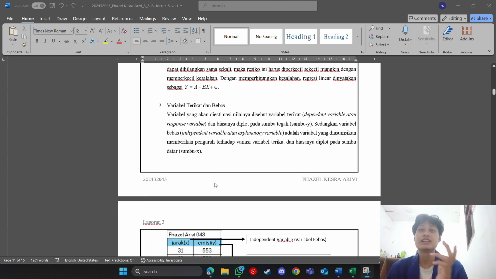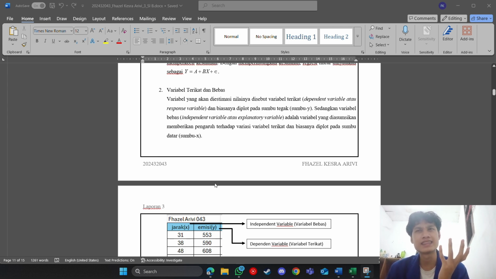And now what is a dependent variable or an independent variable? So guys, the dependent variable is the variable that we have to estimate, or we will be counting. So the dependent variable is the value that we need to know.